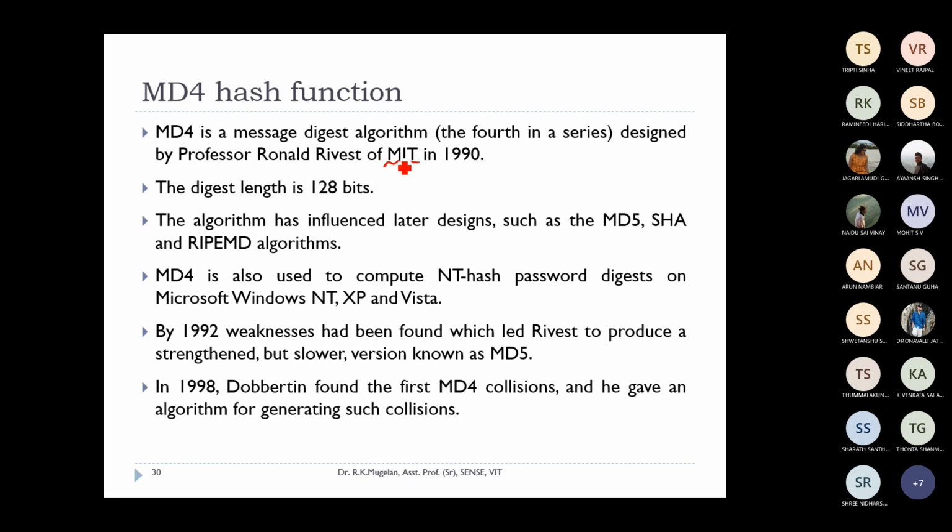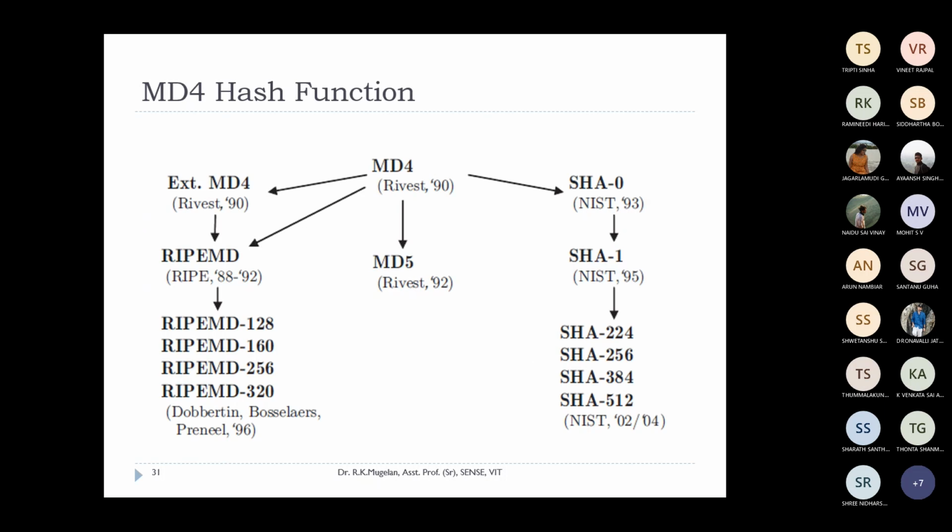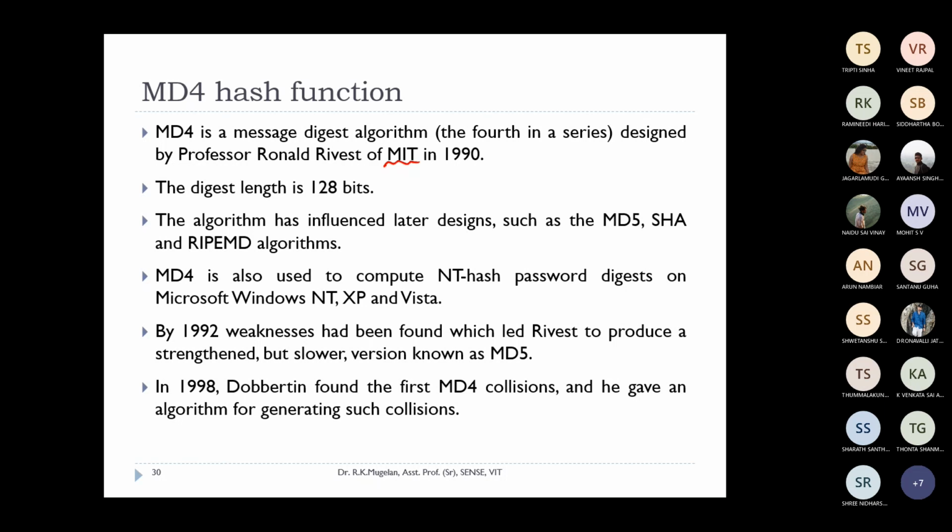This was found in 1990 by Professor Ronald Rivest. If you see the tree, he started MD4. From this MD4 only, RIPEMD came, SHA came, everything. So he is the founder of all these existing hashing functions. Initially he started with a digest length of 128 bits.